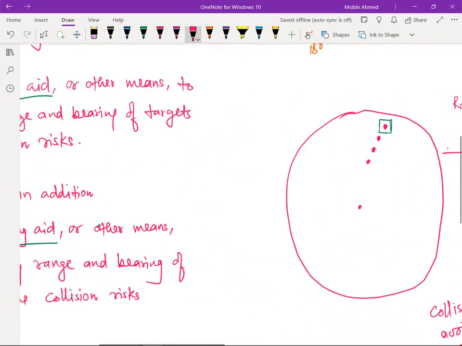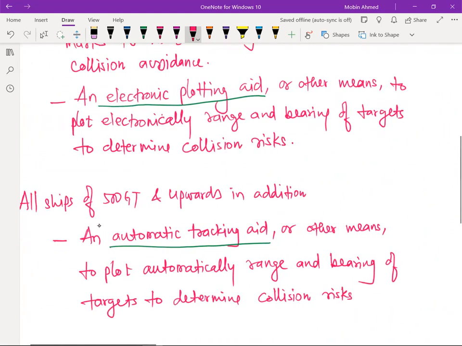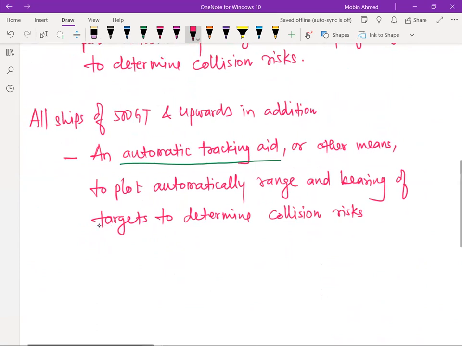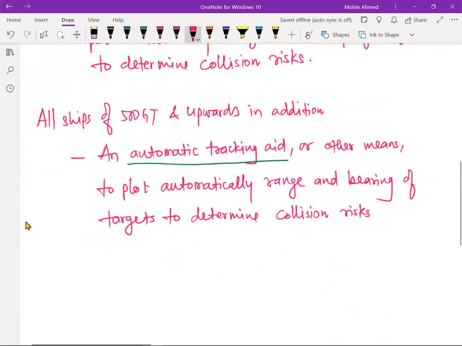That means both are in this one. If the automatic tracking aid is there, it also plots automatically the range and bearing of the target. So all the targets are going to be tracked automatically.